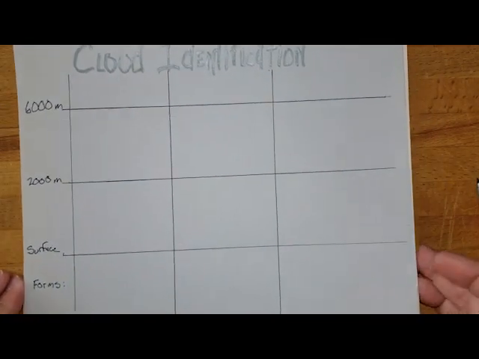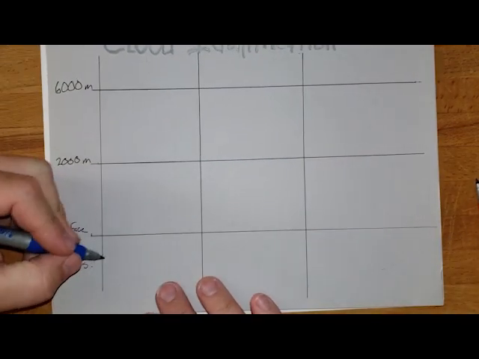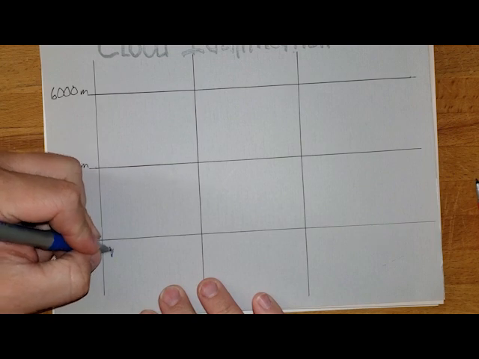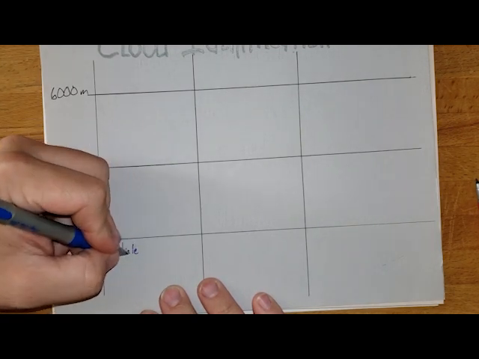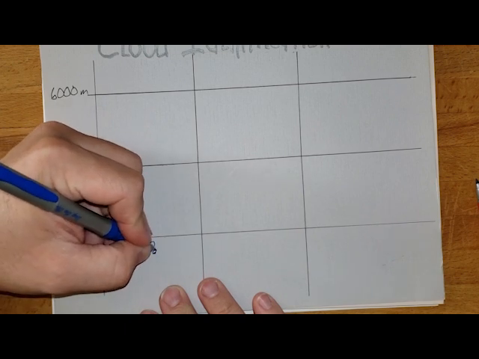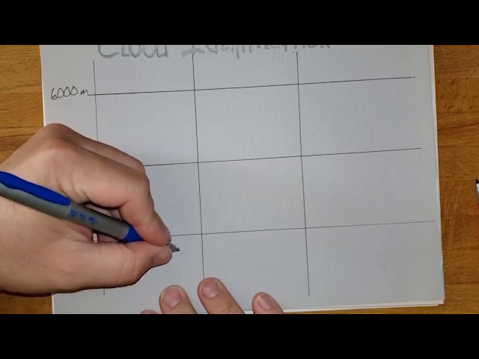Then we've got three different forms of clouds that we're going to see. First off, clouds that are formed vertically, so vertical development.